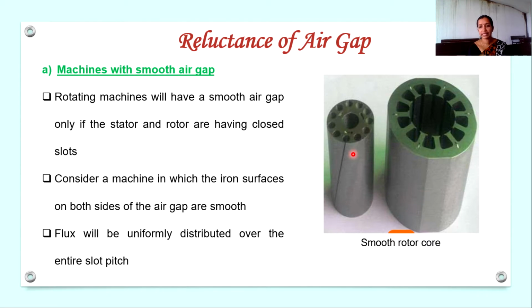If we examine this rotor core, we can see that this rotor consists of closed slots. So these slots are closed and see, the surface of this rotor is smooth. And if the stator, here now it is shown as semi-enclosed slots. So in this figure, the stator is having semi-enclosed slots, but we are considering the case where both the stator as well as the rotor are having closed slots.